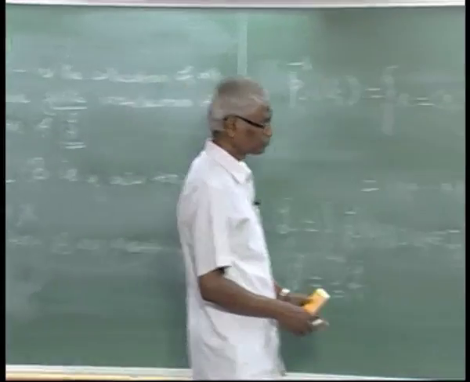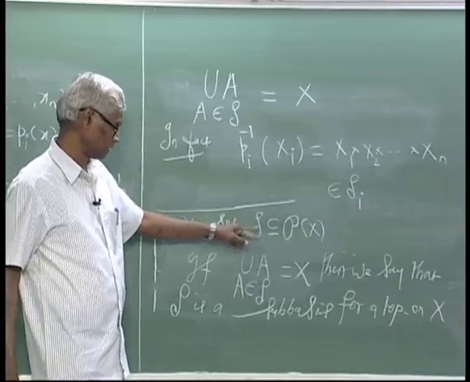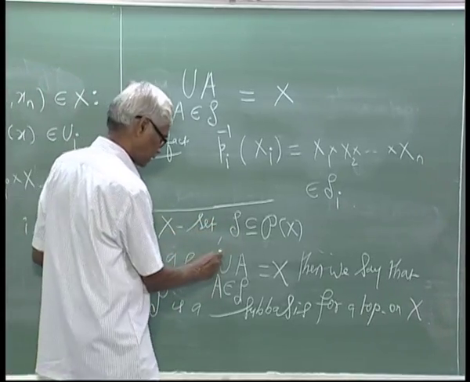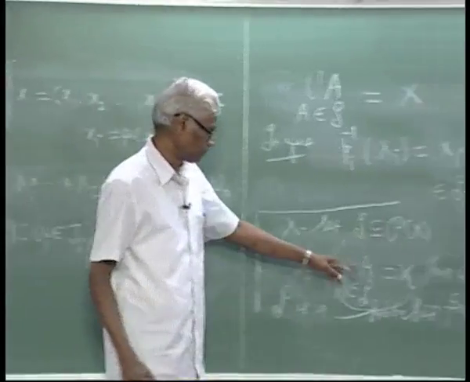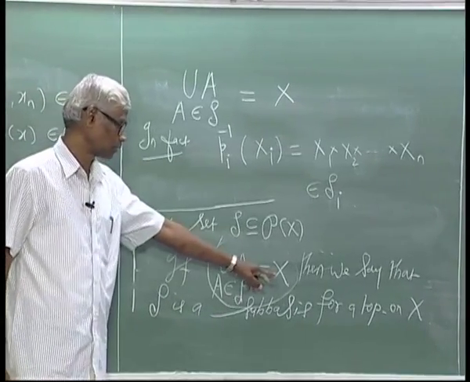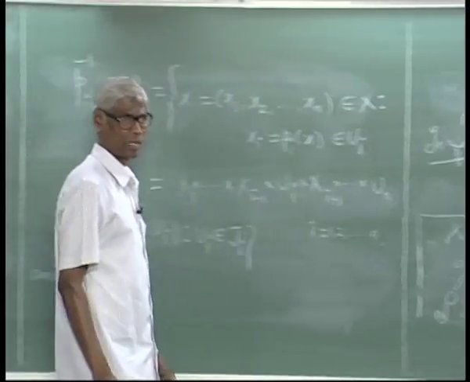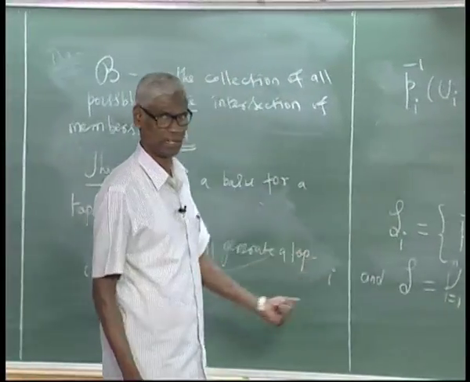That is why, from a subcollection, if it satisfies only this condition, that the union of members of script S equals the whole space capital X, then that will generate a topology.